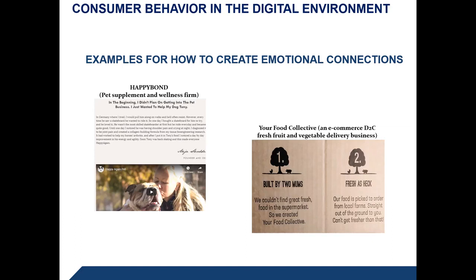There they are trying to create that emotional connect with the consumers as to why you should buy from us as compared to others, because we take care of the environment. So food recycling and all those sorts of issues become important. So it is always possible to create emotional connections irrespective of the category you are in.